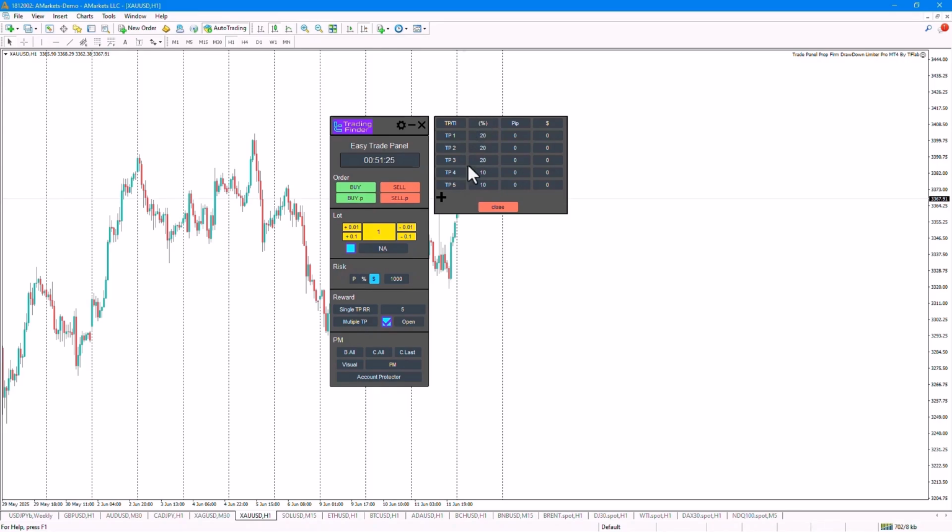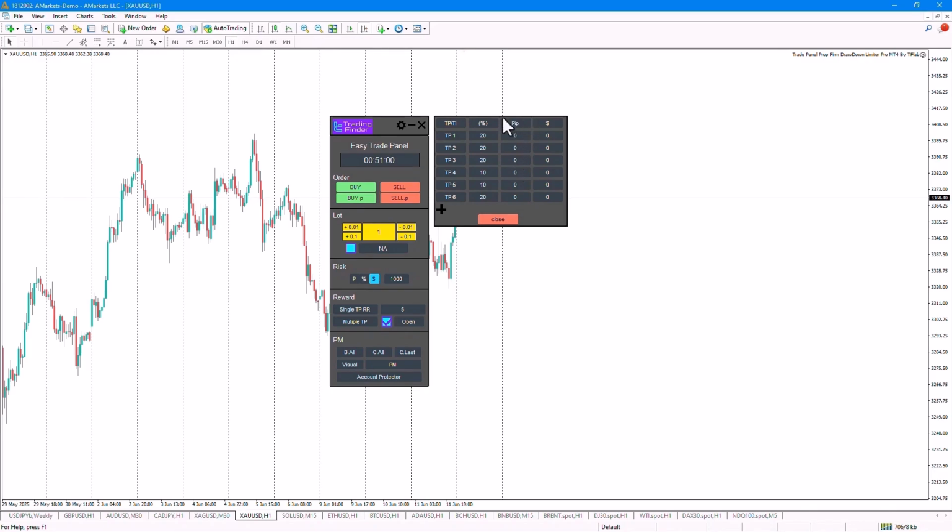Here, the total volume of all my trades at different levels adds up to 80%. Here, I can add another 20% by adding a 6th take profit level, so another 20% of the trade volume is included, and the total of these levels becomes 100% of my trade volume.